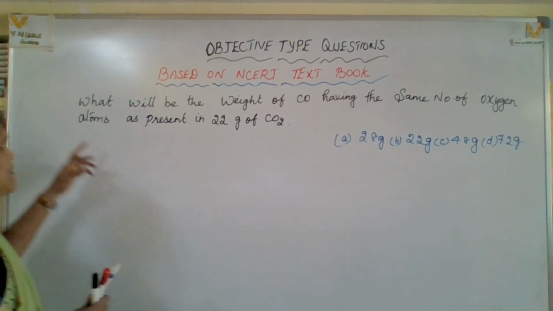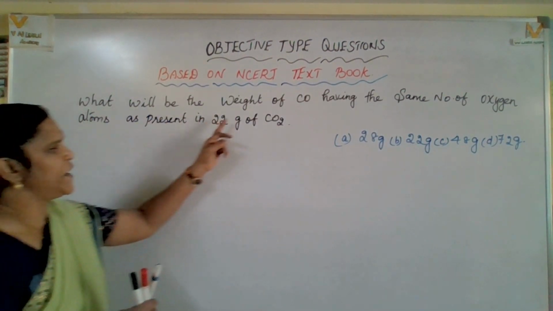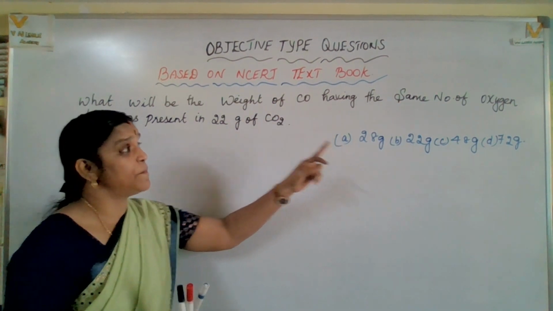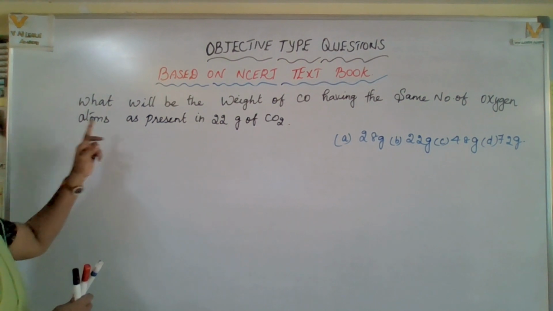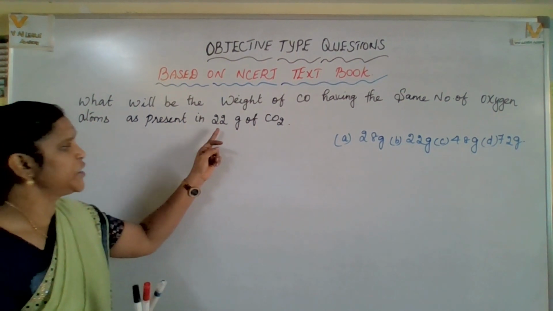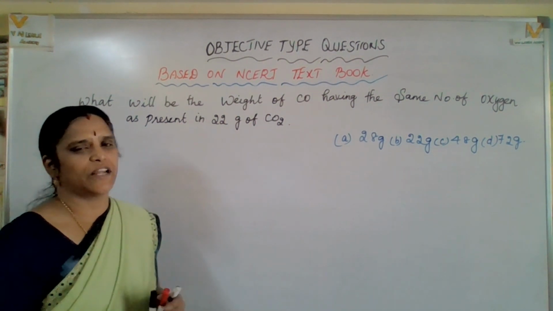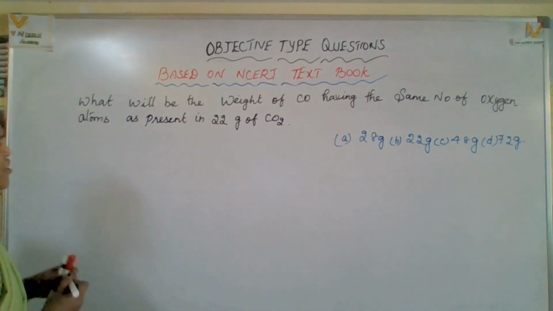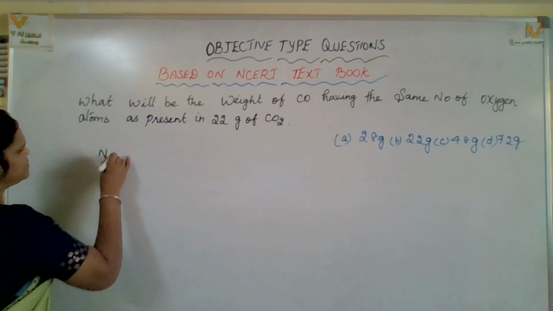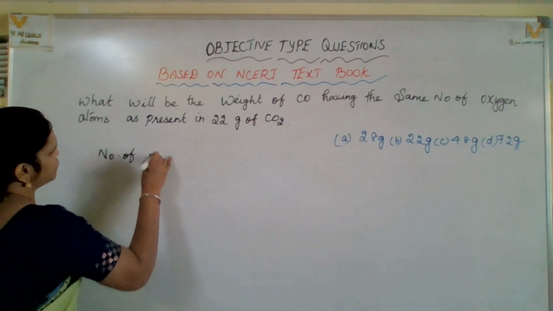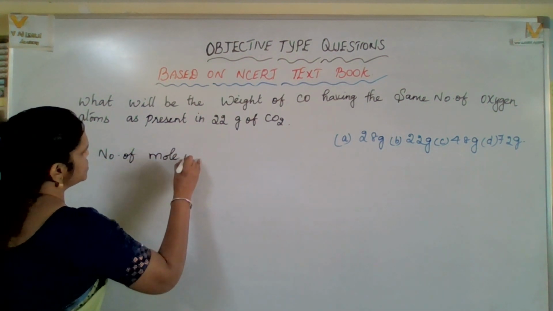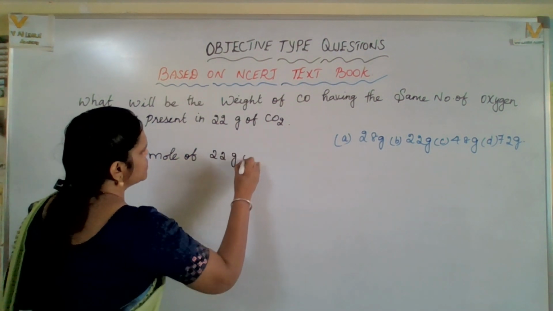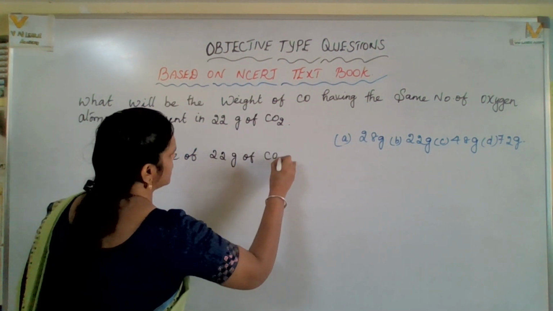Now let us check another question. What will be the weight of carbon monoxide having the same number of oxygen atoms present in 22 grams of carbon dioxide? Yes, somewhat different. Let us check how to solve. So, number of moles of 22 grams of carbon dioxide.